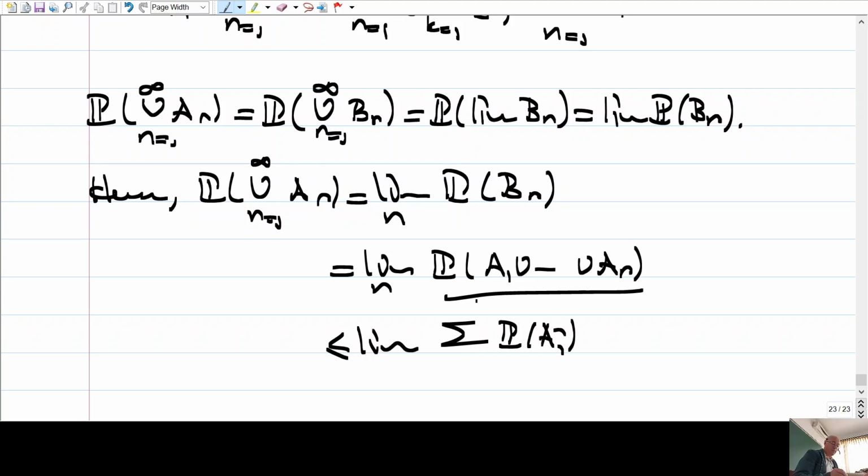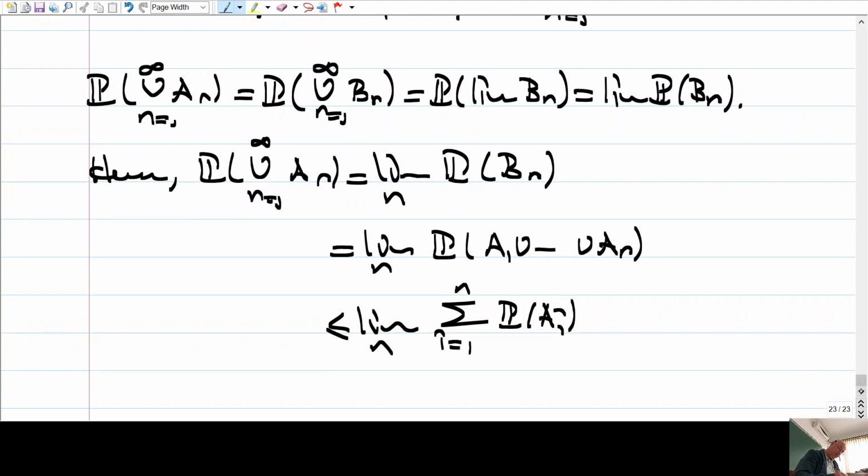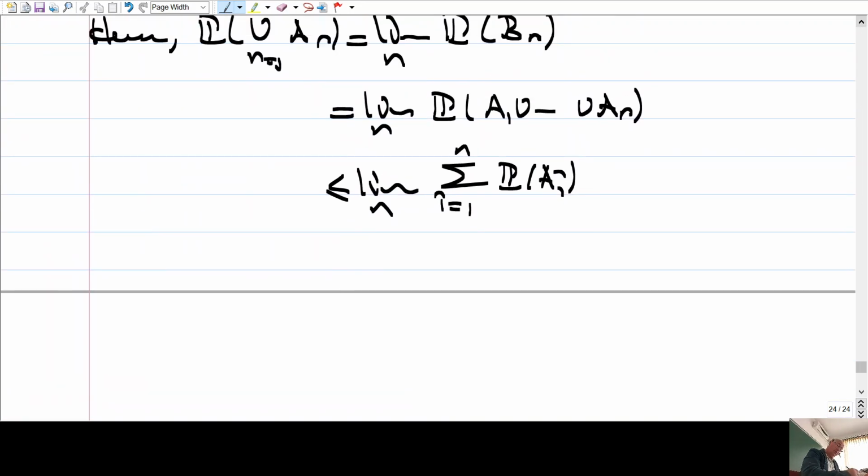In general, they are not disjoint. So I have this I from 1 to n, and here I take the limit. And what is this? This is, of course, the definition of this infinite series, right? This is just the sum n from 1 to infinity of P of An.